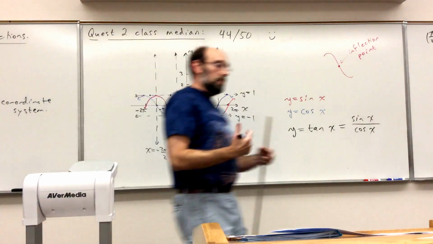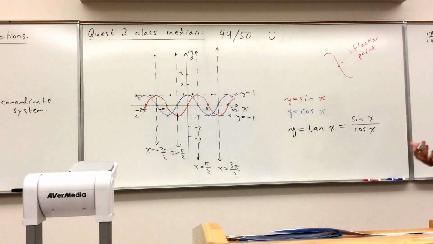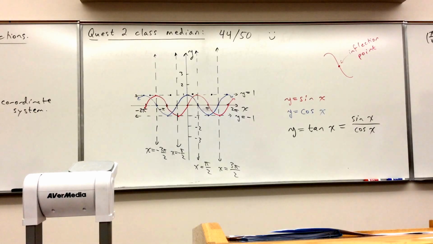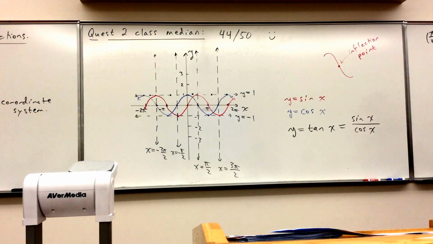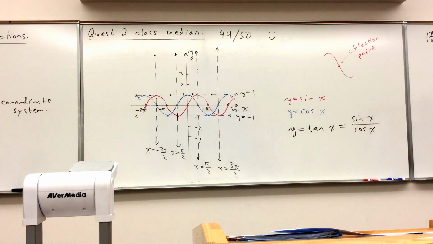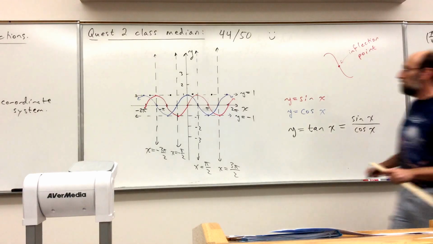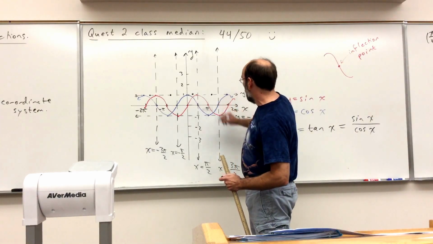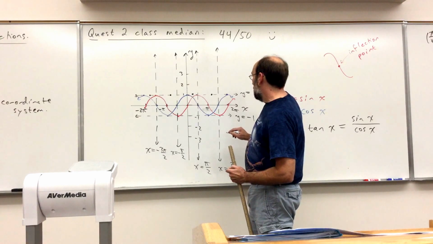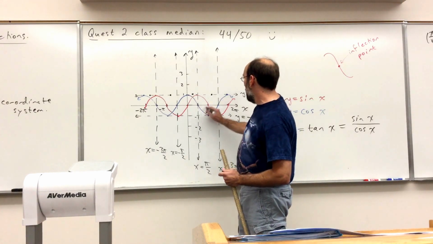And also when sine and cosine have opposite values, my tangent is going to be negative 1, okay? So let's see, where would the sine function equal root 2 over 2 and the cosine function equal negative root 2 over 2? What theta would you have, for example? 3 pi over 4 would be one such theta. So if I go to 3 pi over 4, let's see, 3 pi over 4 is right here.